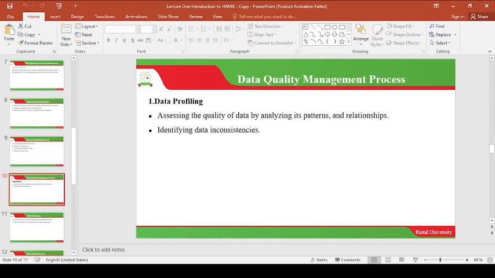The next thing now is the data quality management process, which we are going to look at. Process number one is data profiling. Under data profiling, we are assessing the quality of the data by analyzing its patterns and relationships.